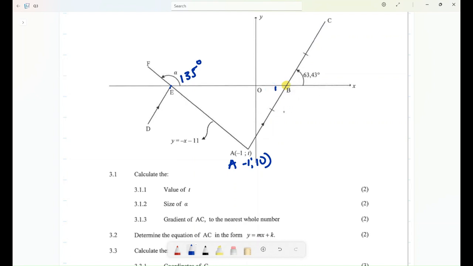we can instead use the formula m is equal to tan alpha, or any angle. Now we want our gradient. Do we have an angle of inclination of this line measured from the horizontal? Let's say your angle was 106.57, not this one.